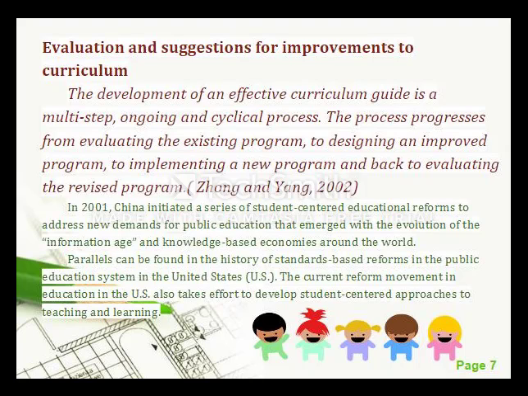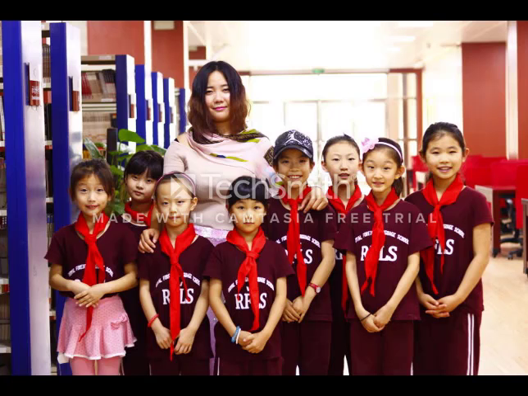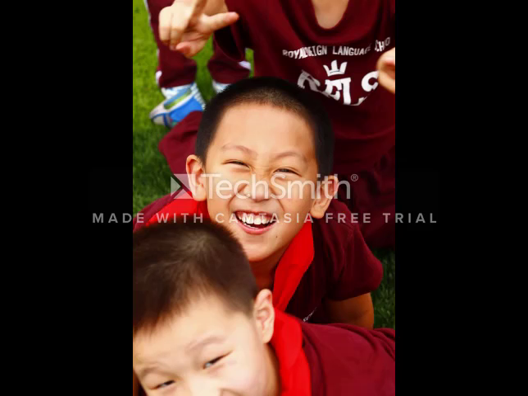Zhong and Yang 2002 summarized China's new curriculum reform as having three major goals: to reform the outdated textbook system by including local governments and schools in the decision-making process, to reconfigure the structure of outdated courses of study across all educational levels, and to reform teaching and learning processes by implementing student-centered curriculum.